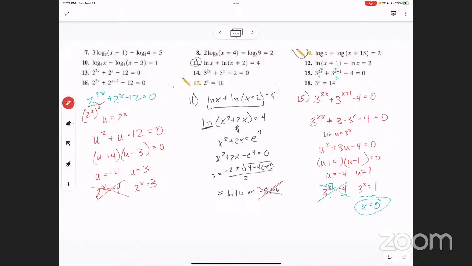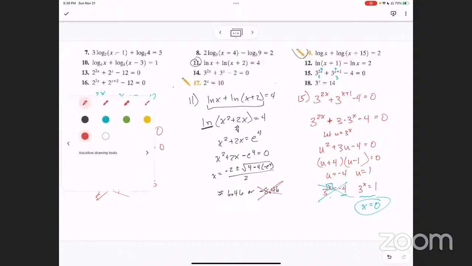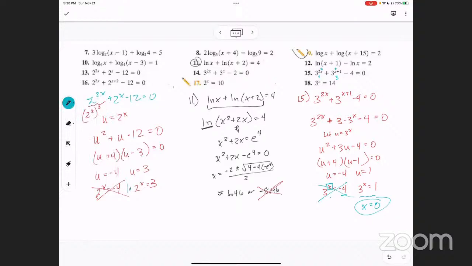I'm not sure. Do they want you to write it as a decimal approximation? Yes. Okay, so this is where you can take the log of both sides and then the x comes down to the front.